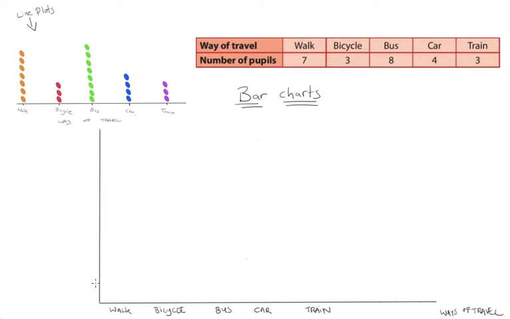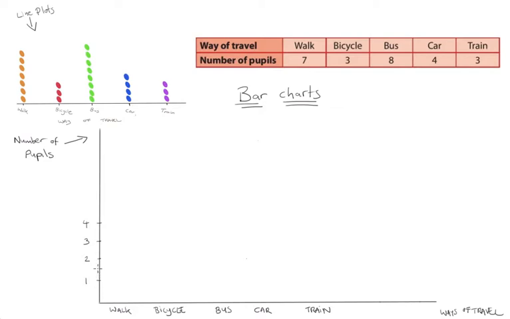Now, on the left vertical line, we're going to put number of pupils. So I have labeled this line and I have labeled this line. Now I just need to write down the numbers. I'm going to have 8, so 1, 2, 3, 4.